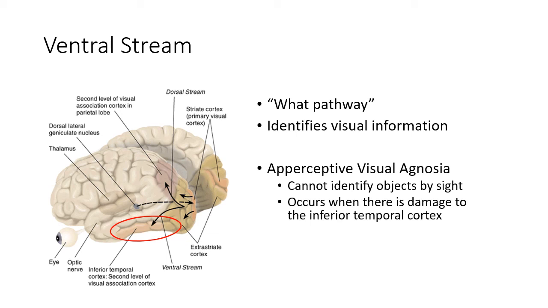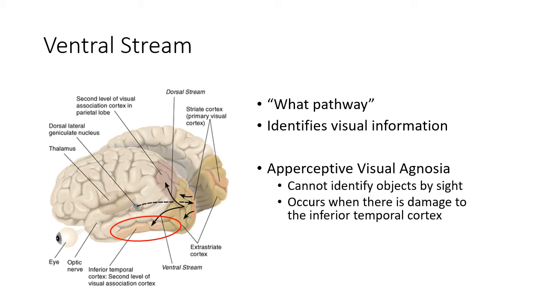An important component of the ventral stream is that this part of the brain needs to be able to identify objects. There are various different parts of this area that are responsible for identifying different types of things. There are certain areas that are identifying objects. There are certain areas that are identifying faces. So we'll talk about it in a minute.